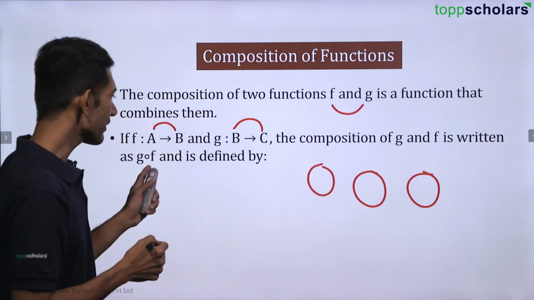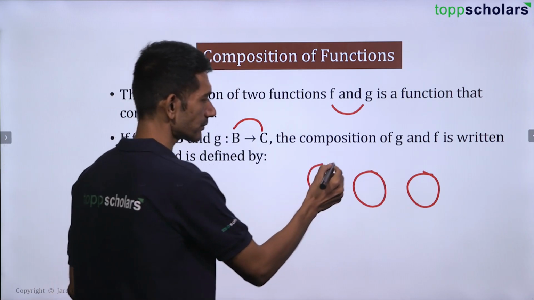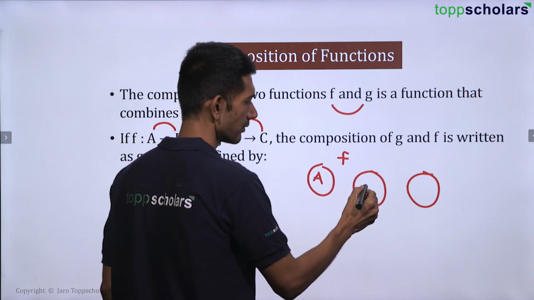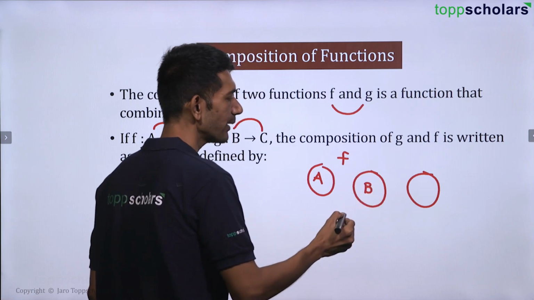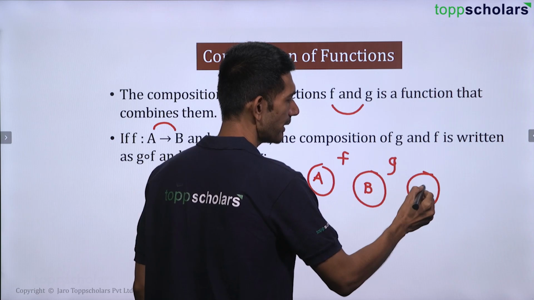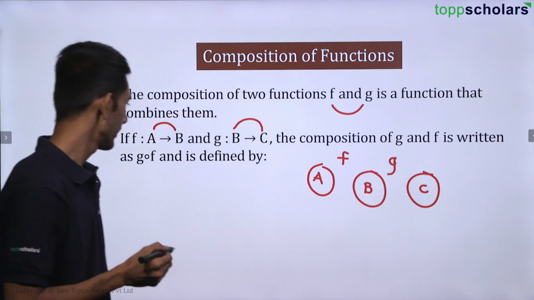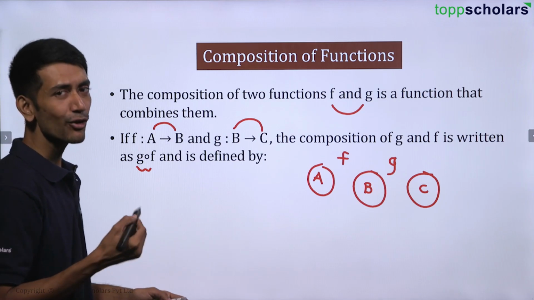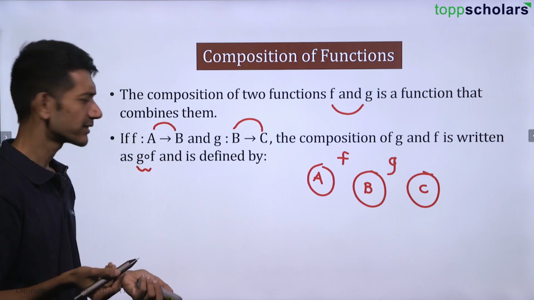So f is a function from A to B, and g is another function from B to C. Then g of f of x, we read it as g of f of x, same thing.